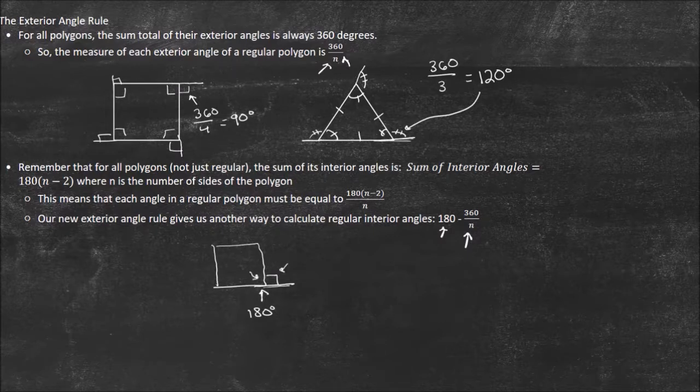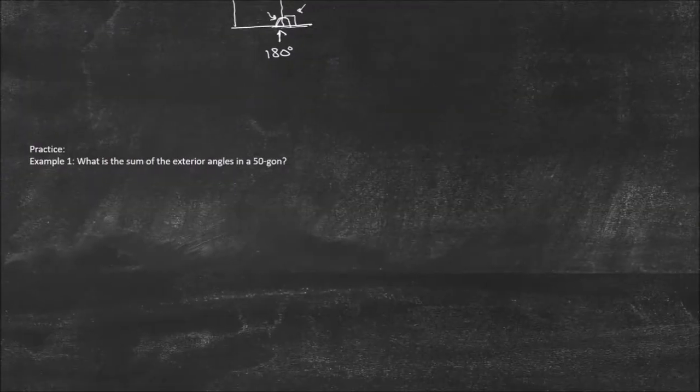I'm trying to figure out this one. Well, I can do the entire angle, which is this 180, and subtract this outside part, and I'm going to be left with the inside part right there. So that's how this rule comes, and hopefully that makes sense. We'll get into it a little bit more with the examples in a second. So hopefully now you're kind of understanding what it means by exterior angles. I know that was a big hurdle for me when I was going through this course.